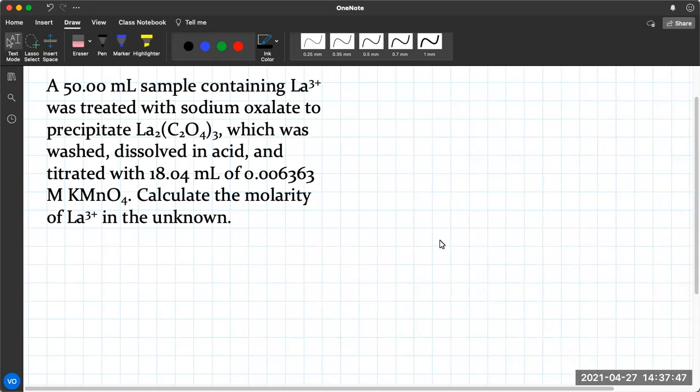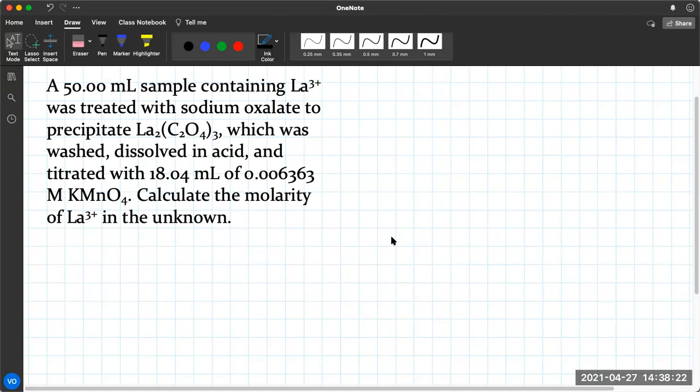In this video, I'm going to show you how to calculate or solve problems involving redox titrations. In this problem, a 50 ml sample containing lanthanum ion was treated with sodium oxalate to precipitate lanthanum oxalate, which was washed, dissolved in acid, and titrated with 18.04 ml of 0.006363 molar potassium permanganate.